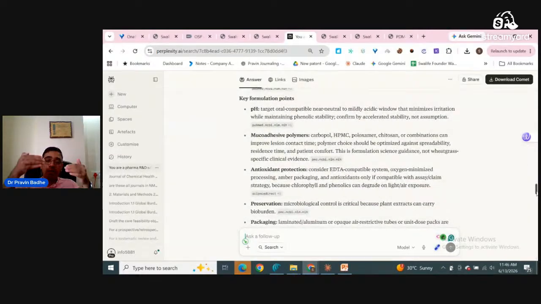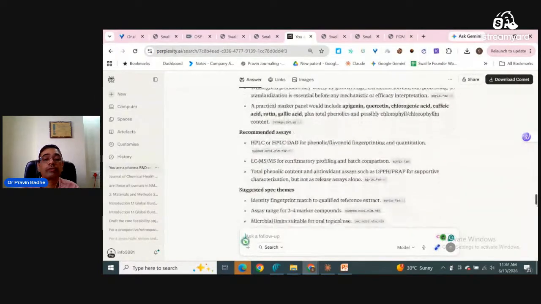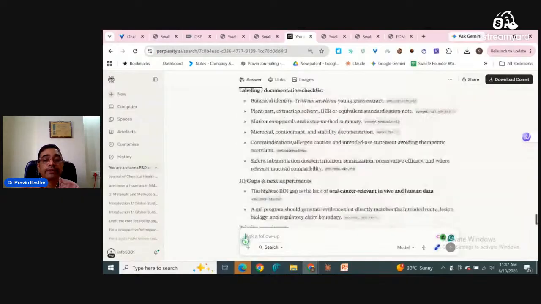So as I told you, getting information is not very hard now, and also getting it in a structured format is not very hard. What is hard is having the scientific thinking, scientific expertise to actually utilize them for further research and development of your product, recommended assays and other things.